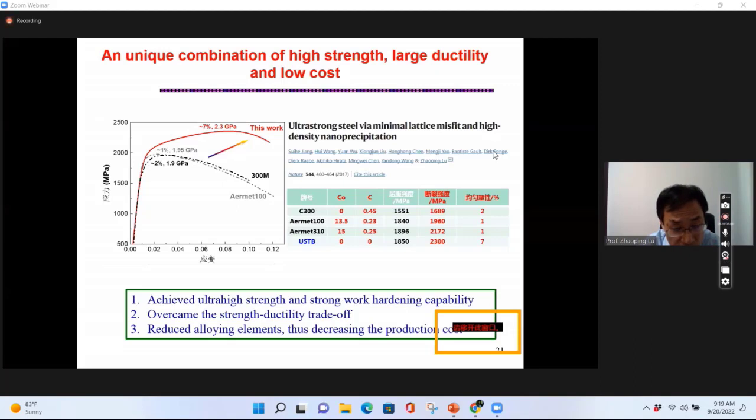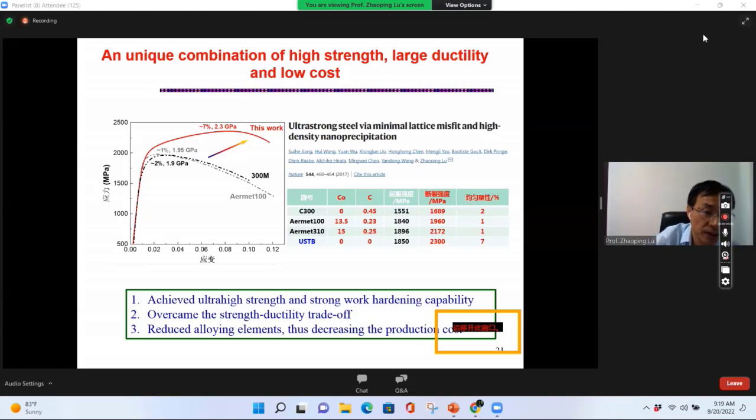Compared with the 300M and A100, the yield strength increased by at least 200 megapascal, and the fracture strength actually increased a lot. For the first time, we obtained homogeneous ductility in this ultra-high strength material, 7%, and larger work hardening capability.